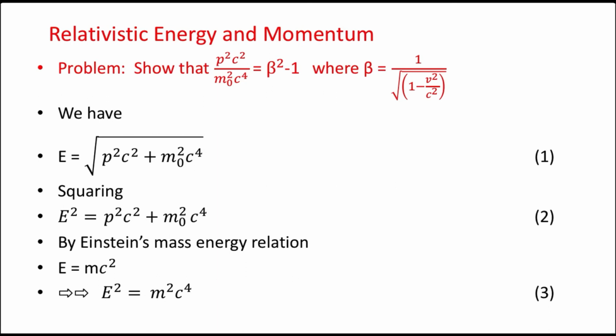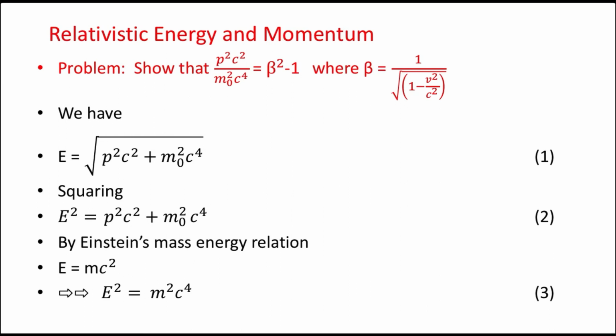So the energy of a relativistic particle is given by E is equal to under root of p square c square plus m0 square c raised to the power 4. Squaring on both the sides, we get E square is equal to p square c square plus m0 square c raised to the power 4.